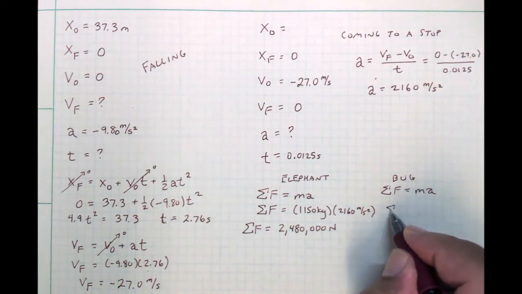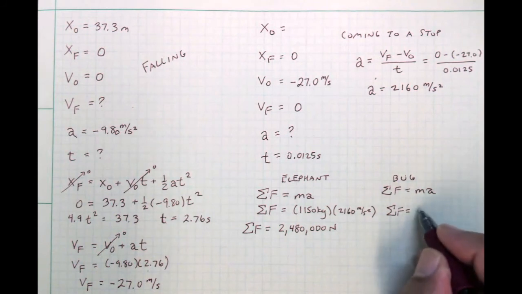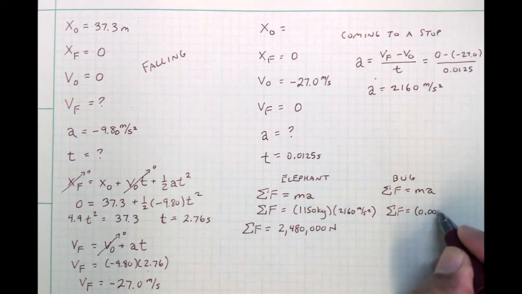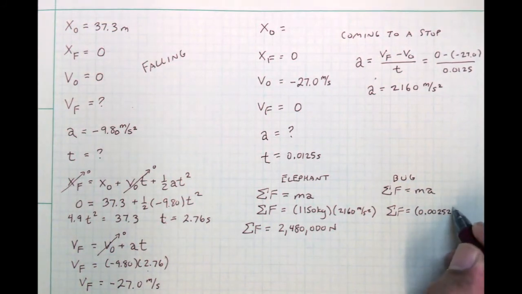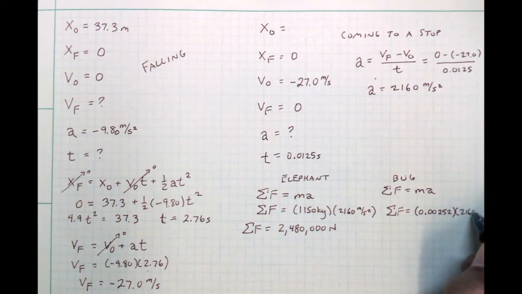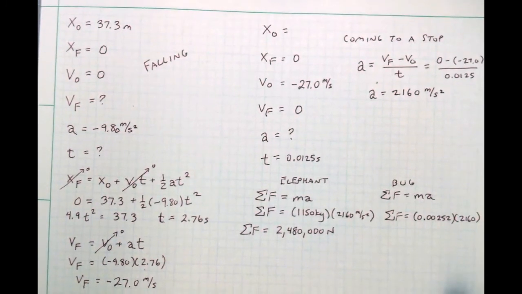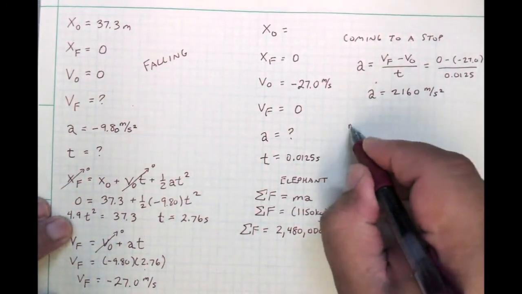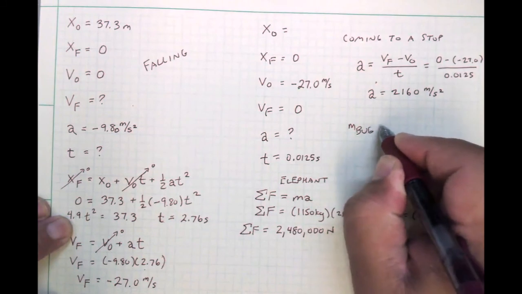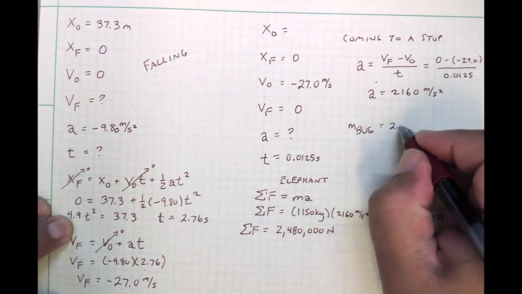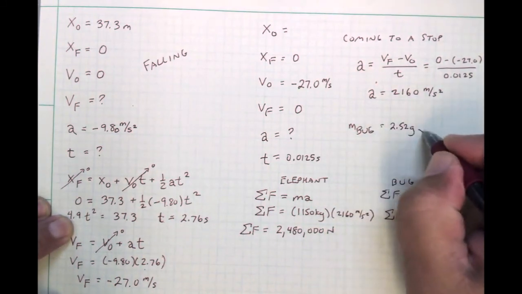We do a similar calculation for the bug, the difference being the bug has a much smaller mass, 0.00252 kilograms. Notice we must express the bug's mass in kilograms, not in grams, to get the net force. So the mass of the bug is 2.52 grams.